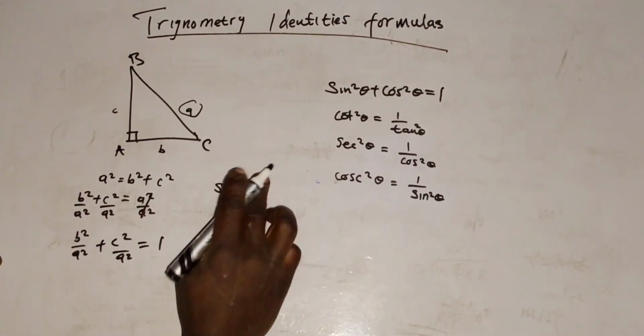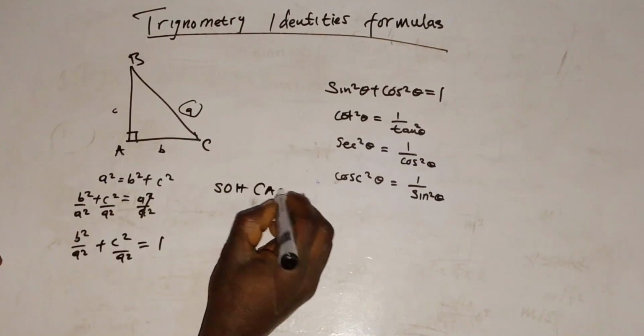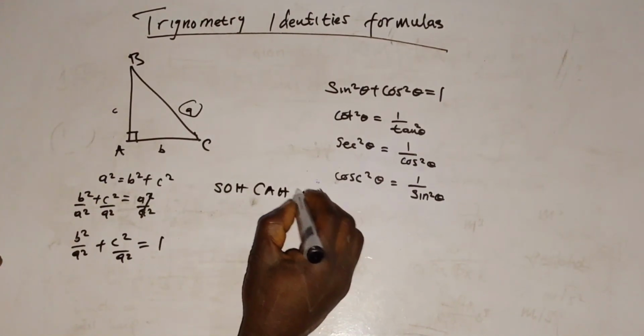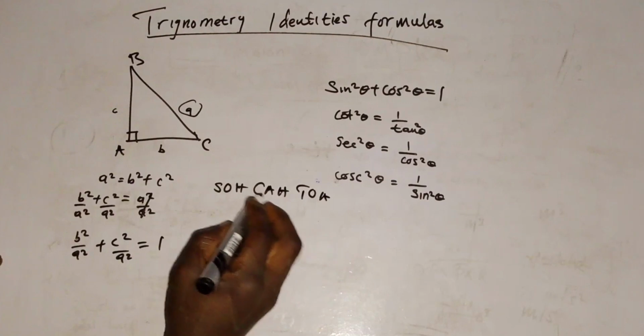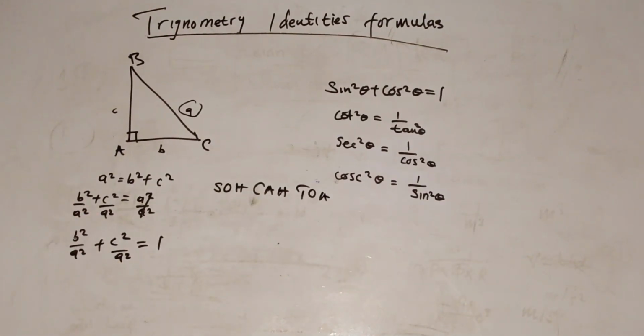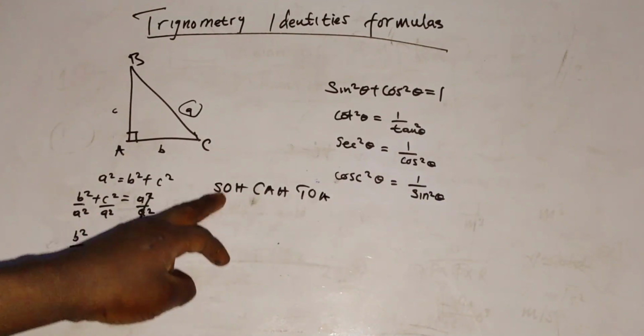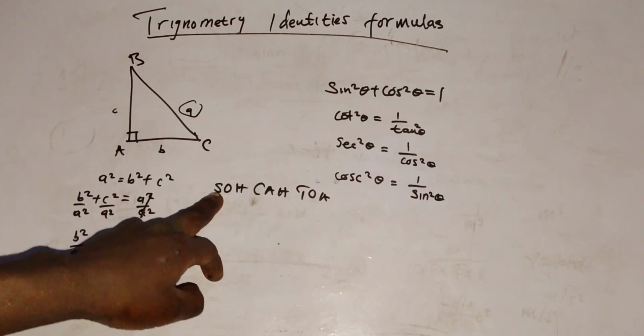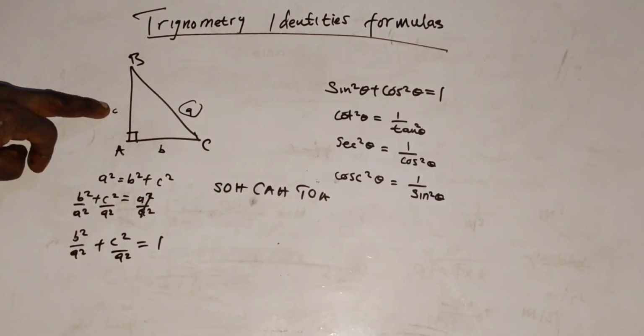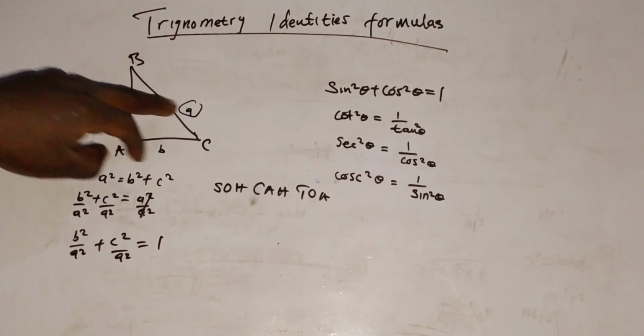So we know that all these formulas come from SOHCAHTOA. Okay, like this. So we have to start with the sine. Sine is opposite over hypotenuse.